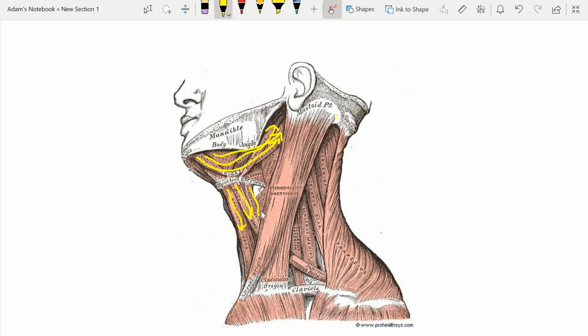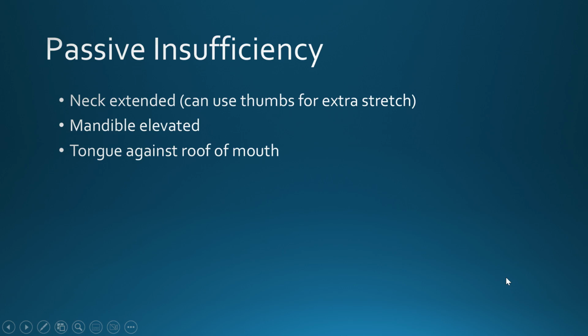So you can imagine if it was just the suprahyoids working, it would actually act similar to a pulley system where they would actually be pulling this hyoid bone upwards and this way, and that's without the infrahyoids. So when the infrahyoids kick in and stabilize that hyoid bone and pull down this way, then that's how in total it's going to swing that jaw open and you're going to get mandible depression in combination of both the suprahyoids and the infrahyoids.